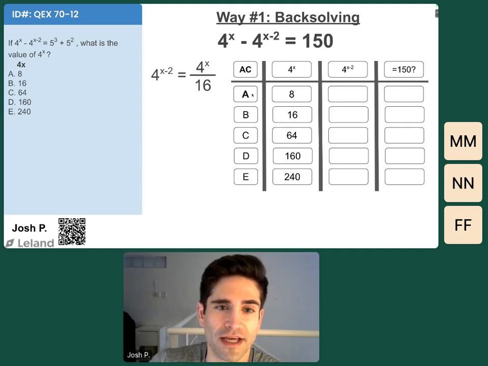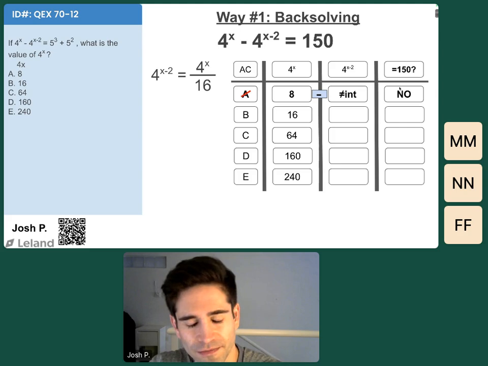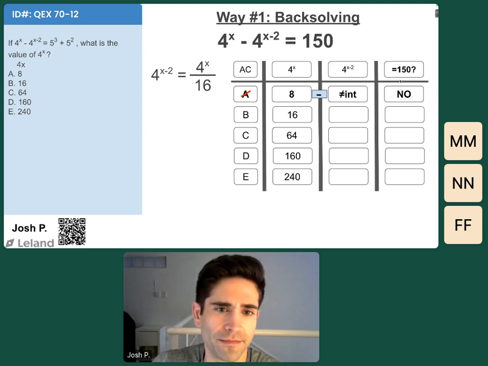For instance, in answer choice A, when 4^x is 8, 4^(x-2) is not an integer. And therefore, 8 minus something that's not an integer can never be an integer. It's definitely not 150.